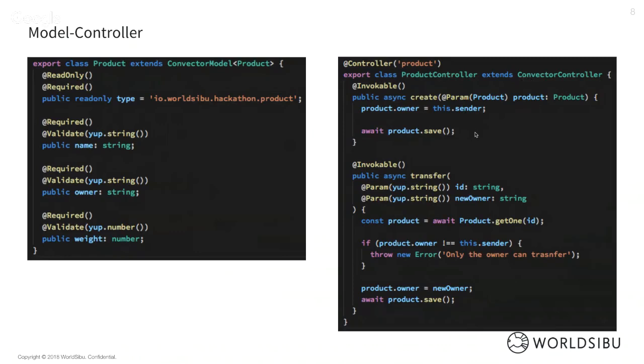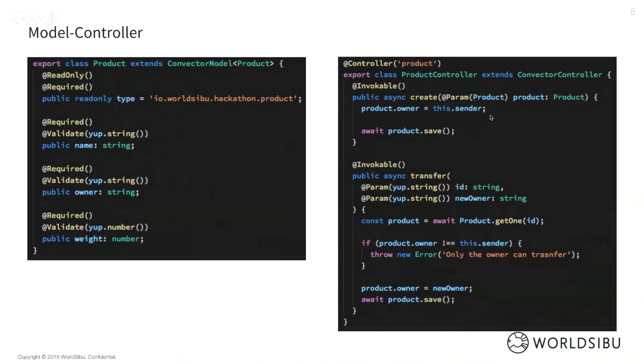This property has the unique identifier of the person or the application invoking this smart contract function. So you can be sure that whoever is calling productController.create is going to be the owner of this product that they are creating. This is pretty much the logic that we're describing here.